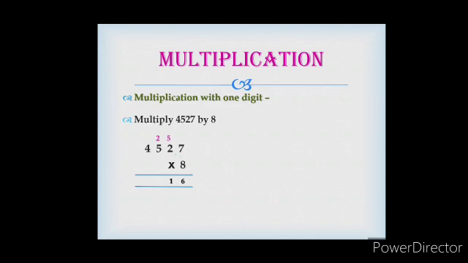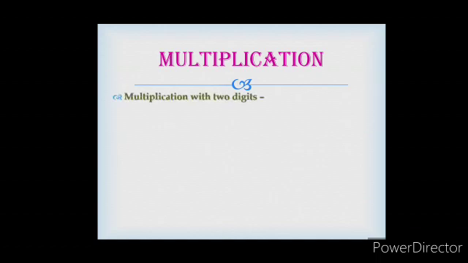Then you will multiply 8 into 5, which will be 40. Then plus 2, it will be 42. 4 will be carried, 2 will stay at the bottom, and then lastly you will multiply 8 by 4. 8 fours are 32, plus carryover 4, you will get 36. Right? Let's move ahead.